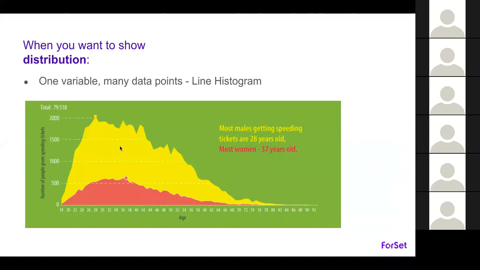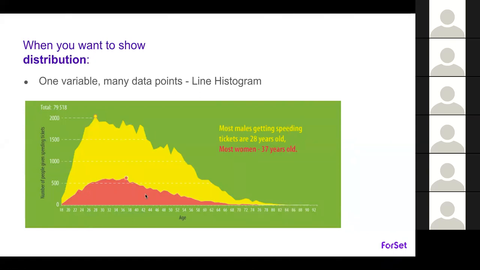This chart is very good to see the peak age for each gender. For example, the most males who receive speeding tickets are 28 years old, and for women it's 37 years old.